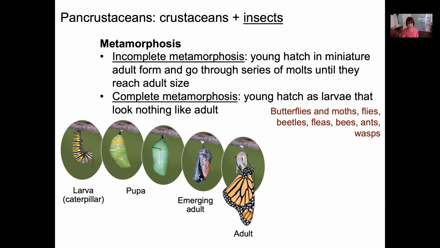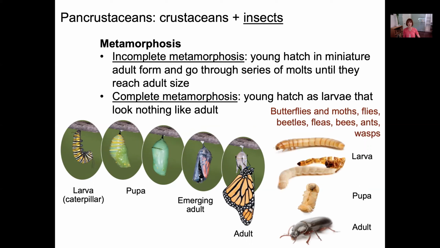But just to bring this down a little bit, it's not just butterflies and moths that undergo complete metamorphosis. Another example is mealworms, which you can get in a pet store. I don't know what pets you would feed them to, maybe birds, and some reptiles eat mealworms. They're the larval form of a beetle called a darkling beetle.